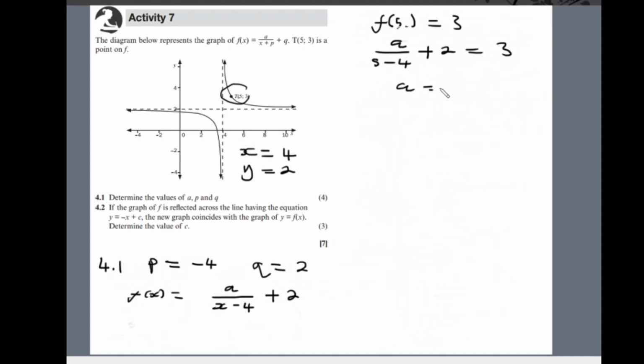So a is equal to 3 minus 2, so a is equal to 1. So my equation is f of x is equal to 1 over x minus 4 plus 2. To test my equation, you can substitute 5 in here and see that you get 3. If you say 1 over 5 minus 4 plus 2, we do get this 3.